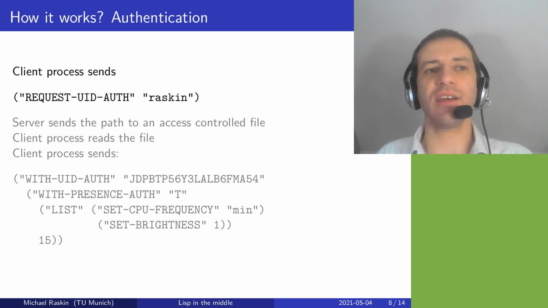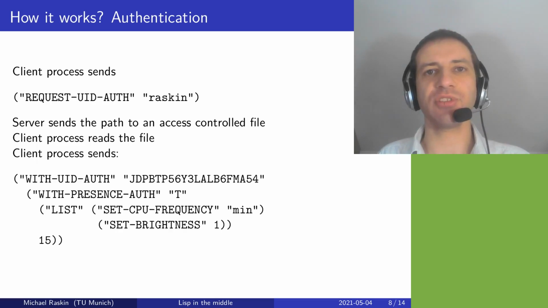And then how it will go about the first part, about user ID. It will send to the server a request for user ID authentication for the user Raskin. Then the server will send back the file name, and the file is such that only the client with the user ID Raskin can read it, and the client process will of course read this file.